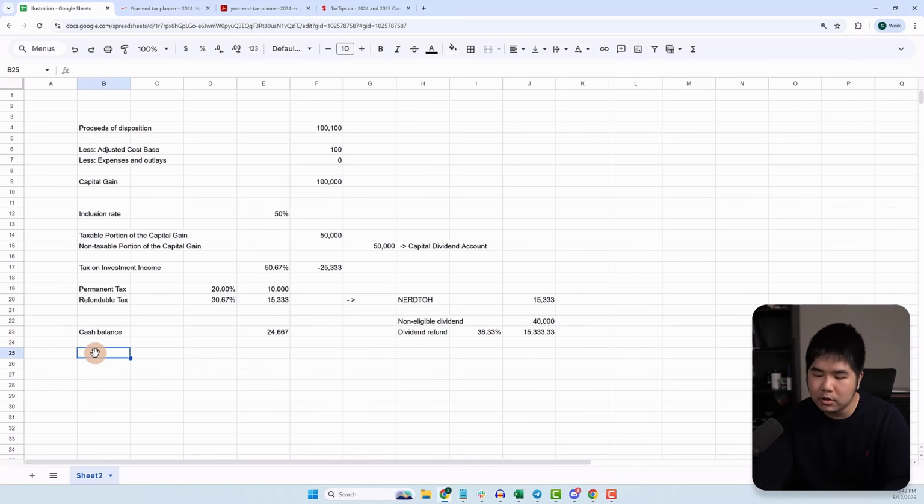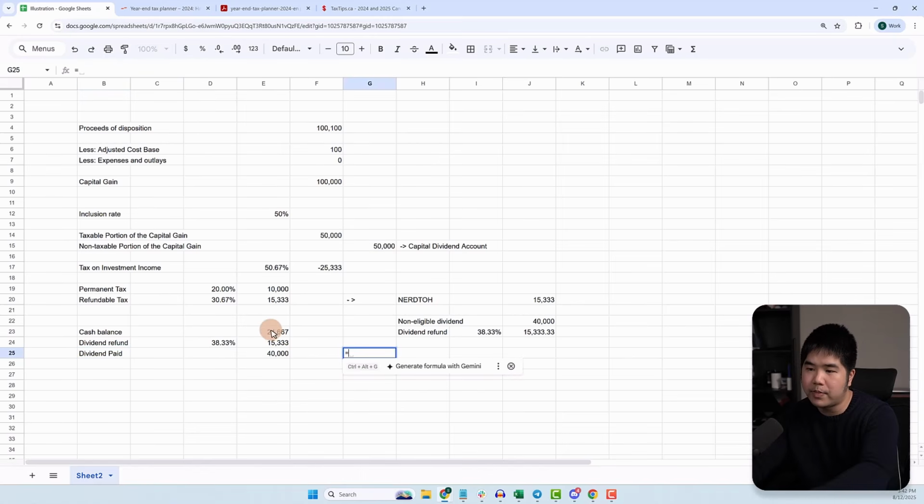Well, turns out you can issue this dividend. And by declaring $40,000 of non-eligible dividends, the government will give this money back to you. And so when you combine the cash that is in the corporation plus the dividend refund, you'll get $40,000.